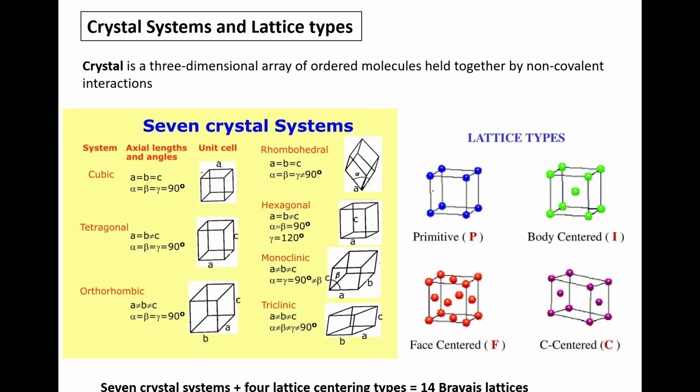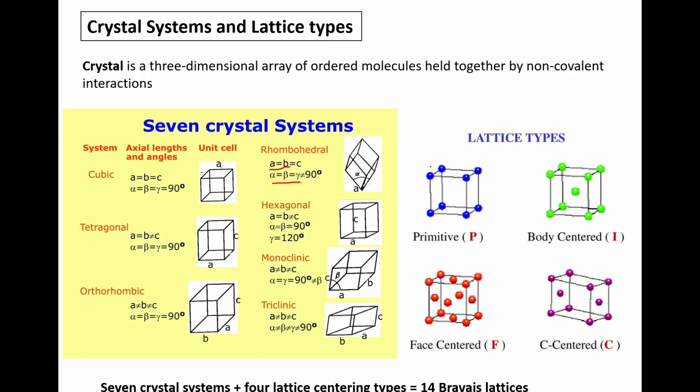As I said, there are six parameters of a lattice, that is A, B, C and alpha, beta, gamma. On the basis of the differences in A, B, C and alpha, beta, gamma, you have seven crystal systems. This means these lattices will have seven different shapes.